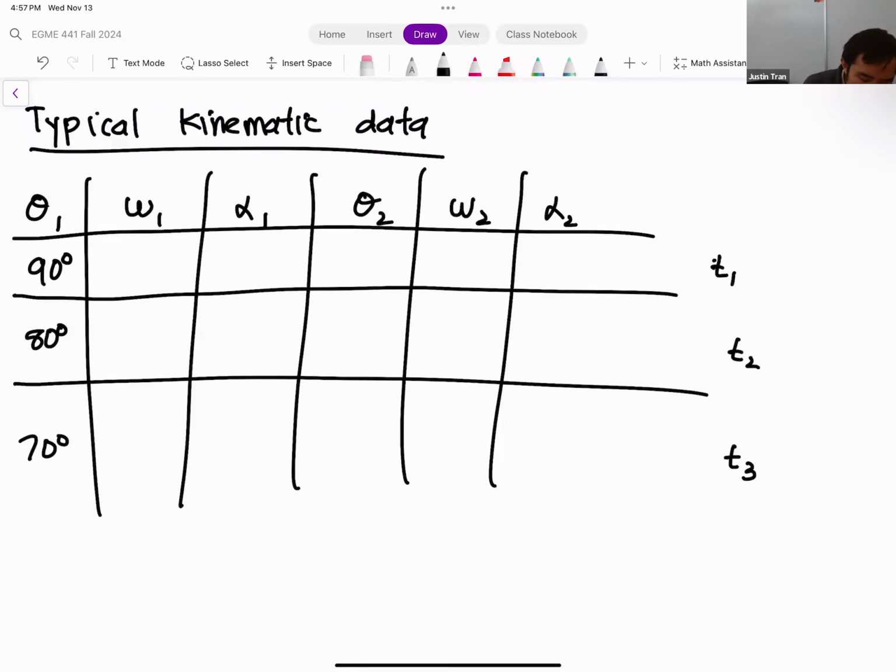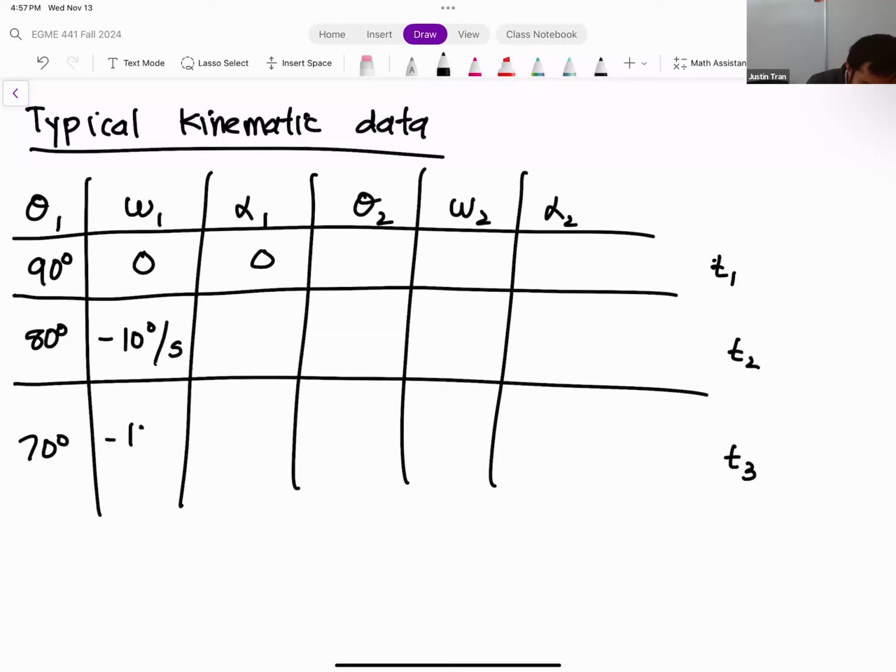And then omega 1, maybe you start from a stationary position. So maybe your angular velocity and angular acceleration are 0 at first, but then as you start to bend down, these start to increase with time, okay? And so maybe the angular velocity here is minus 10 degrees per second, okay?